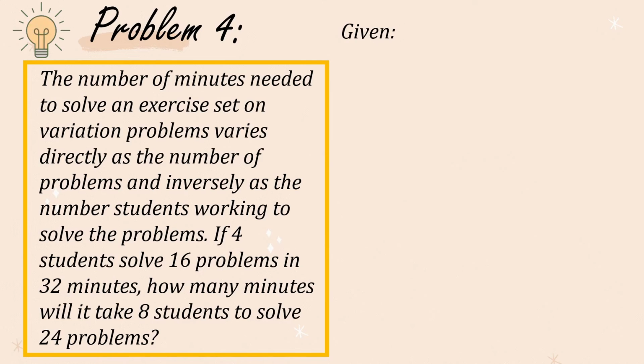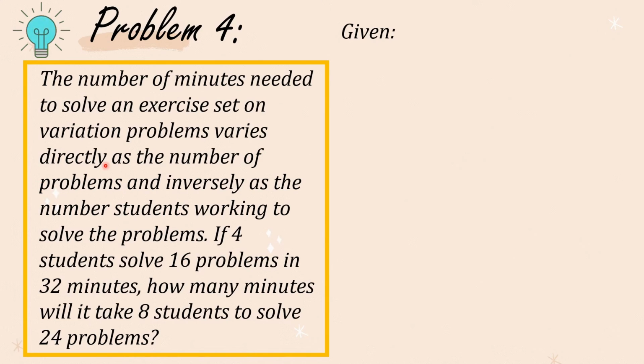So, dito sa given natin, ilang variables kaya meron tayo? Very good. 3 ulit. So, ano-ano kaya yung mga variables na yon? Una is the number of minutes. Ano yung pangalawa? Very good. The number of problems.